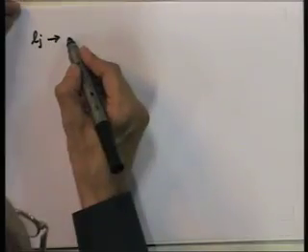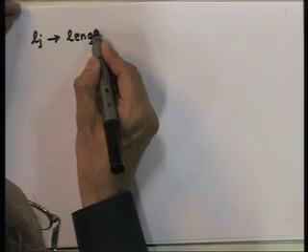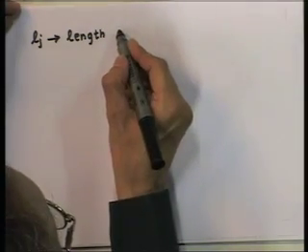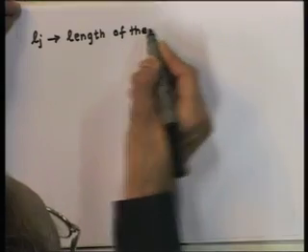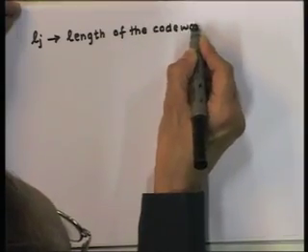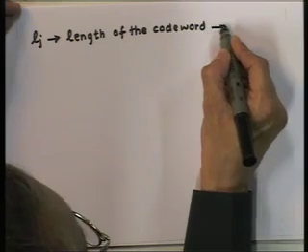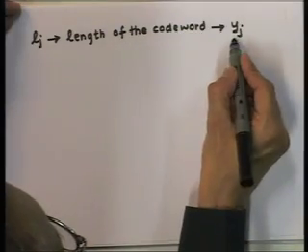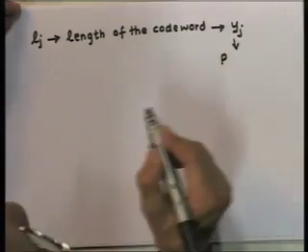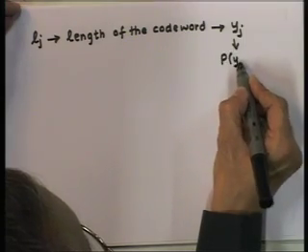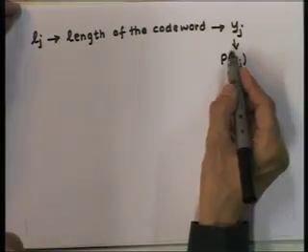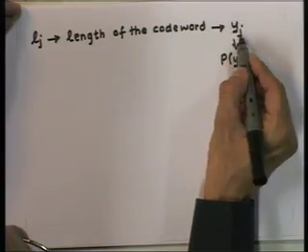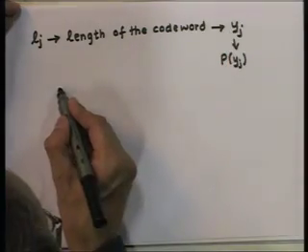So, if lj denotes the length of the code word corresponding to the output yj and P(yj) is the probability of occurrence of yj, then the rate is given by the following expression.